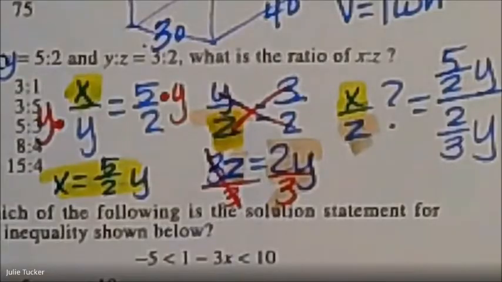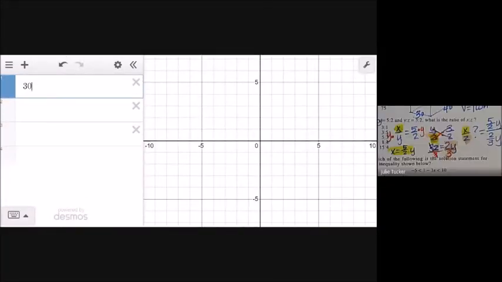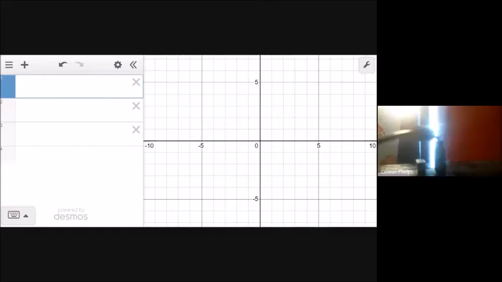So we have to find out what 5 halves divided by 2/3 is. I think it's Desmos time.